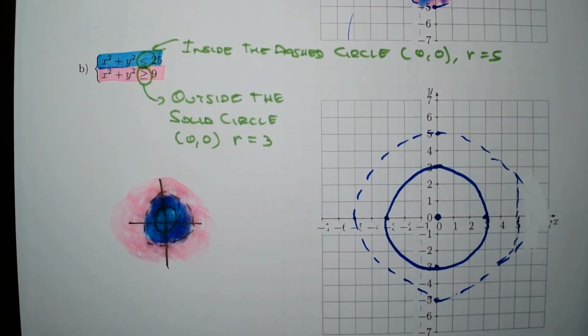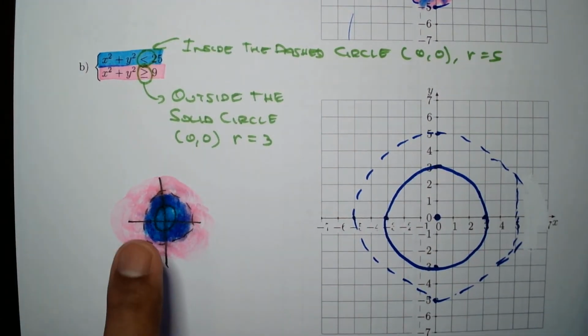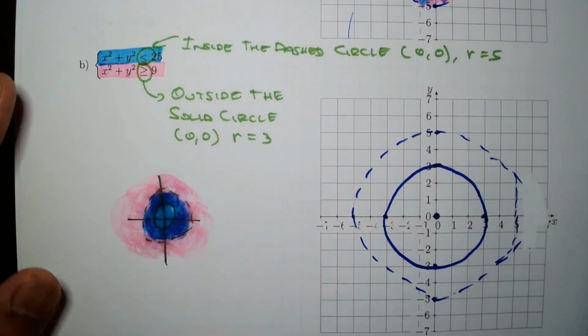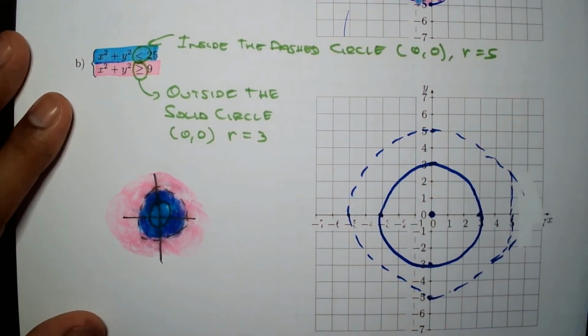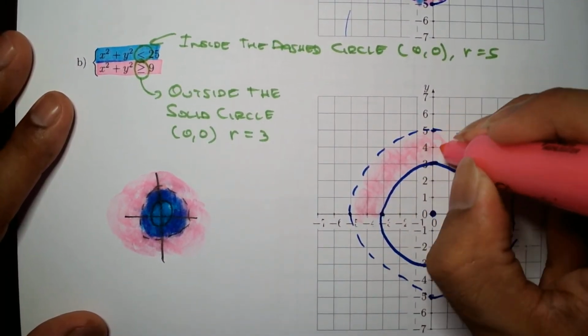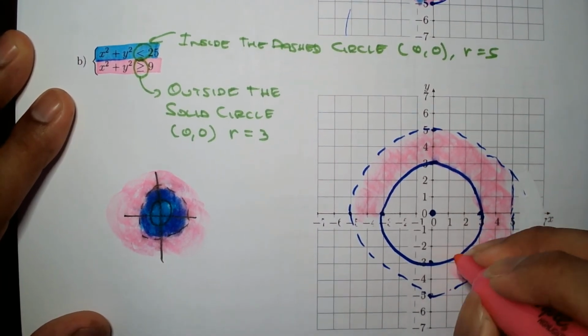It's kind of hard to see. So that's going to be in this region in between the circles. That's where the overlapping occurs.